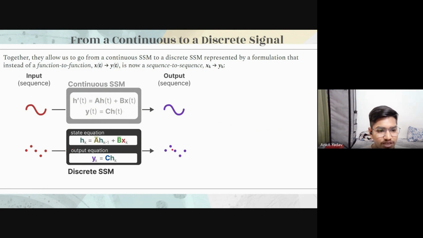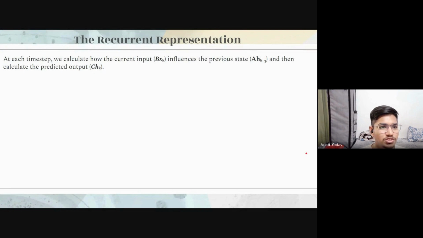If I'm at this particular location k and want to predict a word for this location, I'll take a matrix A, take the hidden state of the previous location, do the calculation and predict the new hidden state for this location k, and with the help of that h_k, I'll predict y_k. So now this discretized equation comes into the picture.